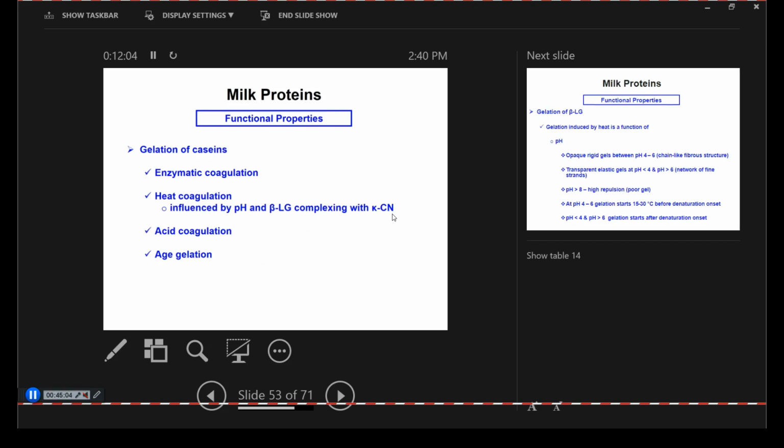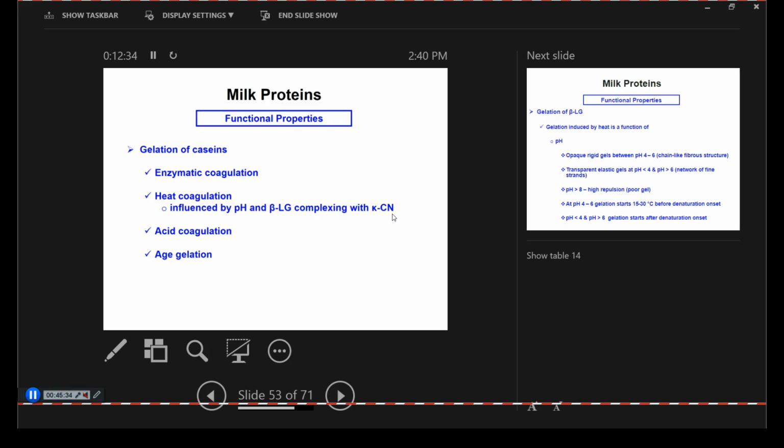In terms of gelation, we talked about different kinds of gelation for casein. One is the enzymatic coagulation when we break off kappa casein. Once kappa casein is broken off by chymosin, then we have interactions with the different micelles forming a coagulum via hydrophobic interactions as well as calcium bridges.